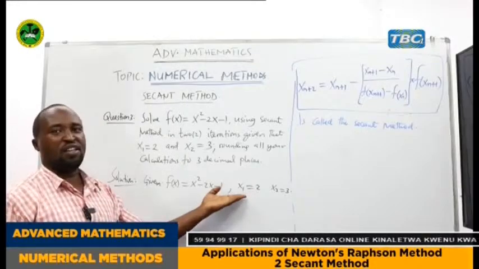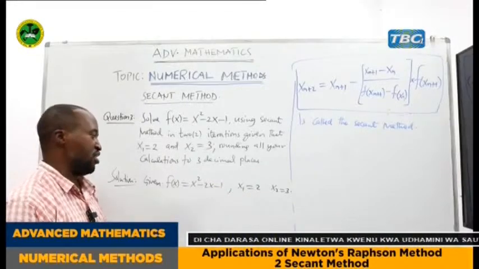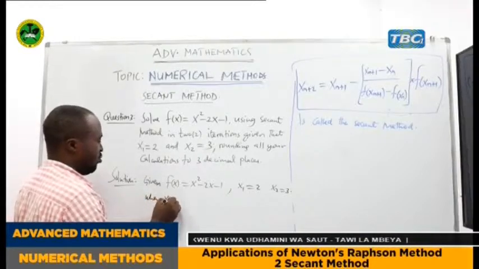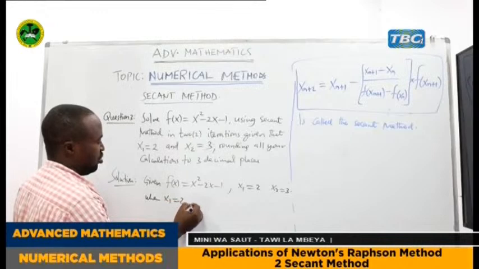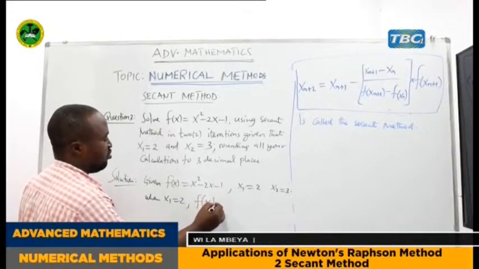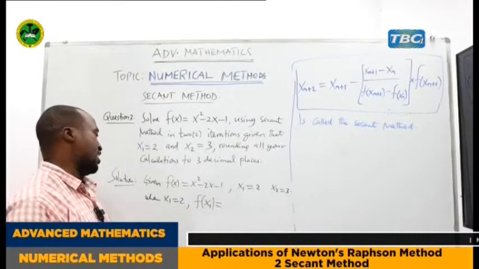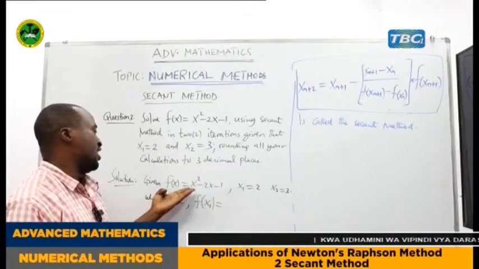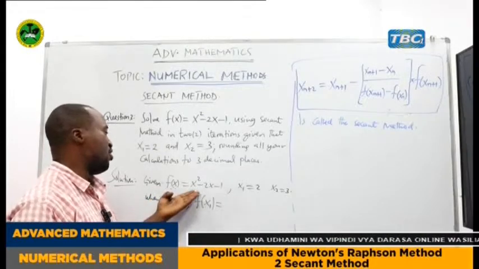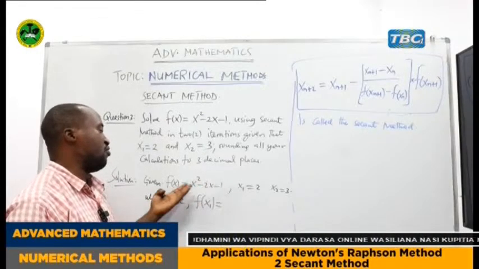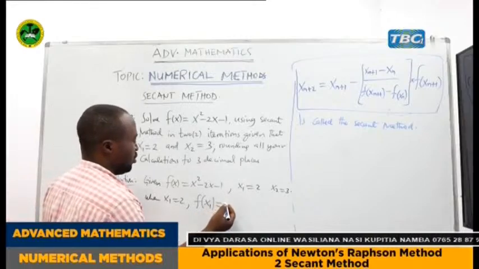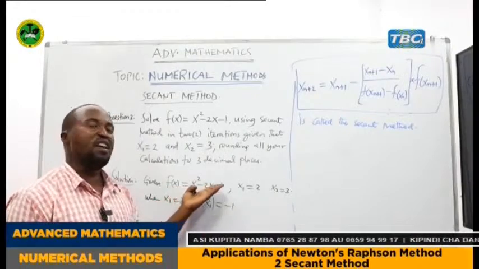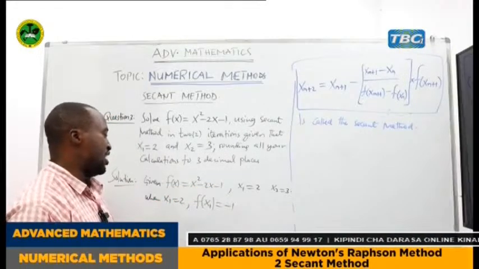Now, if we have x1, it is possible to find f of x1. When x1 is equal to 2, f of x1 will be equal to, we just substitute the value of x1 in our function. That is 2 squared, that is 4, minus 2 times 2, that is 4, minus 1. So 4 minus 4 minus 1, we are going to have negative 1.